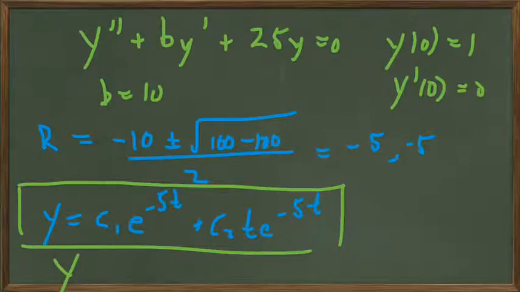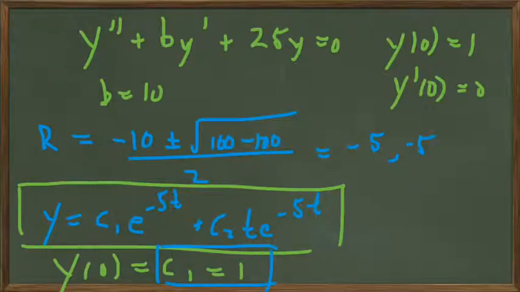So solving for c1 and c2, y of 0 is just c1, which is 1, and so we have the value of c1 right away. And c2 takes a little bit more work.